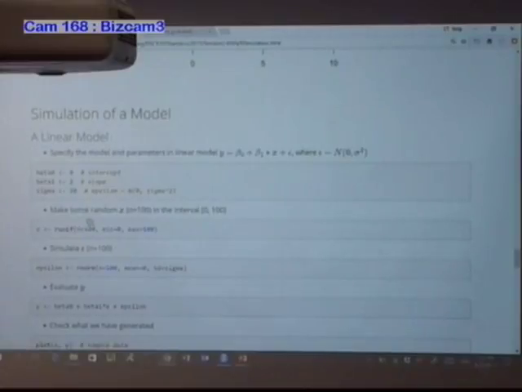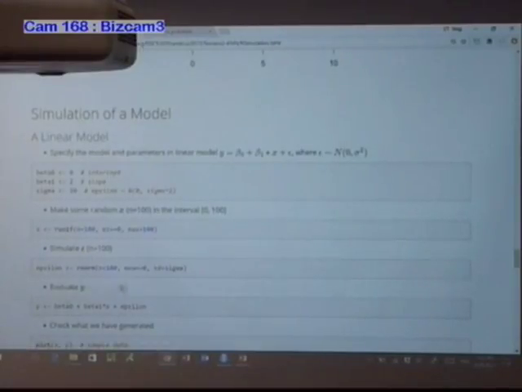First, we need 100 x. We have no idea, so we just do some arbitrary uniform from 0 to 100. Doesn't matter. Then we need 100 noise terms corresponding to this x. So this is epsilon. Noise is normal with mean 0 and the sigma we specified here. That's the individual components we have talked about, uniform, normal.